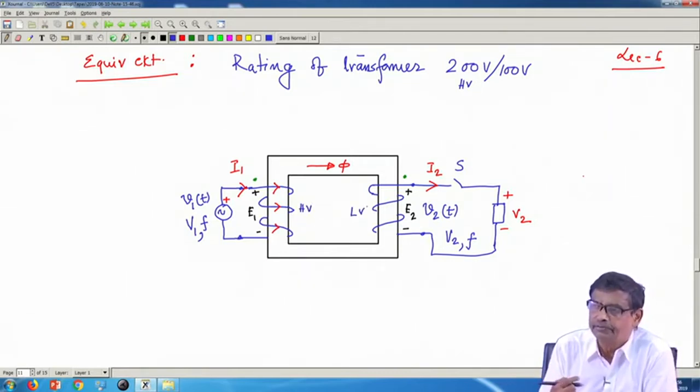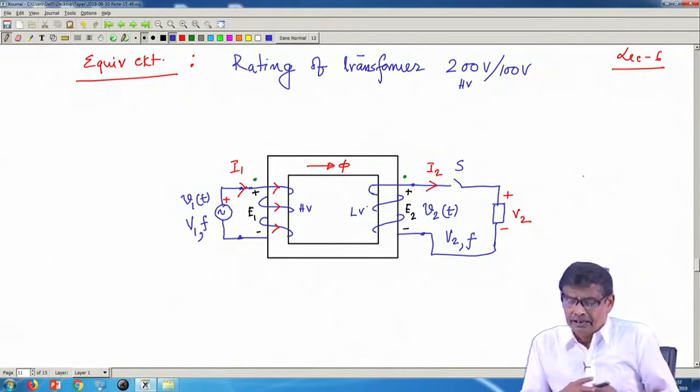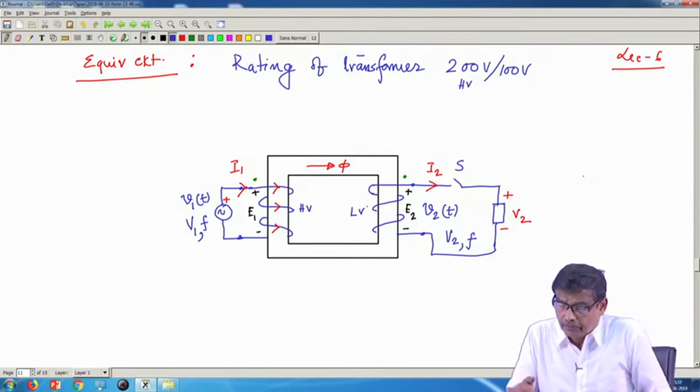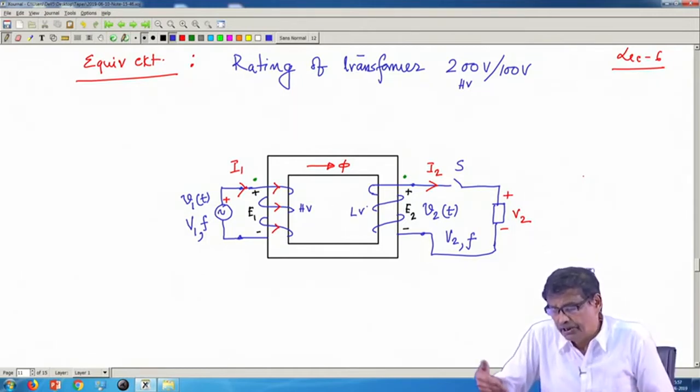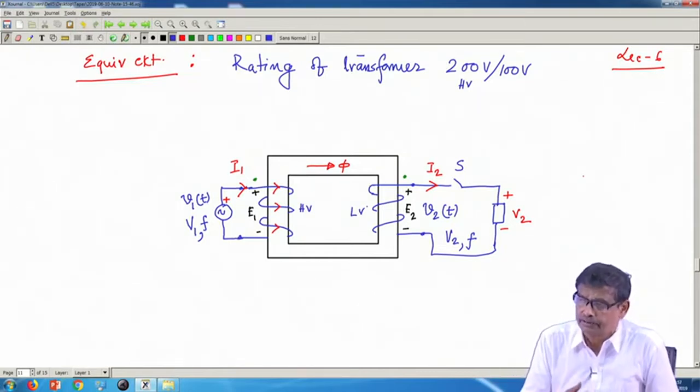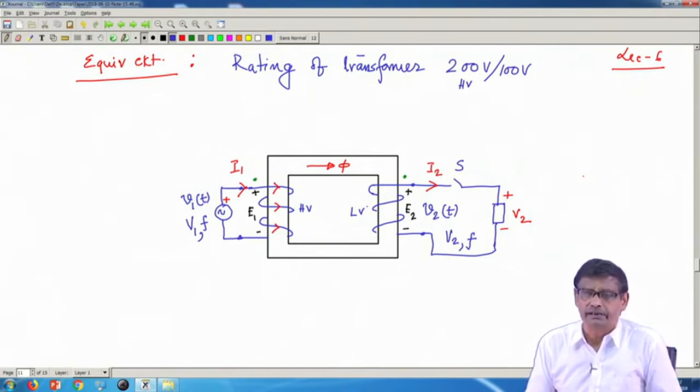We can identify the coils like that, because you must now be feeling that either of them can be used as primary. Only when LV is used as primary, you should apply 100 volt and then you will get 200 volt there, and vice versa.